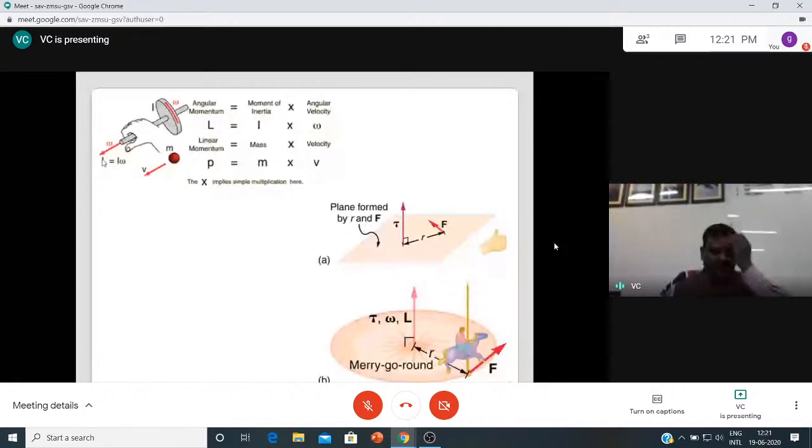Here the angular momentum is the linear momentum cross r, and the cross product is a scalar, m v, mass into velocity, when it is in the plane formed by r and F. See the person, let us assume a disk. A person is running on the disk, or with reference to this, a horse rider moving along the ground.